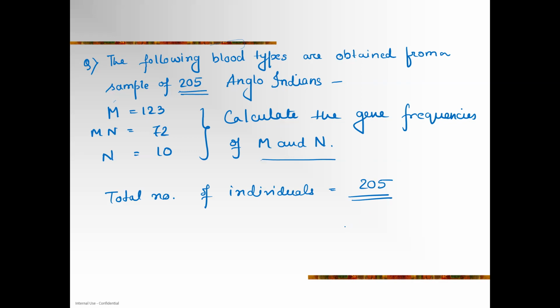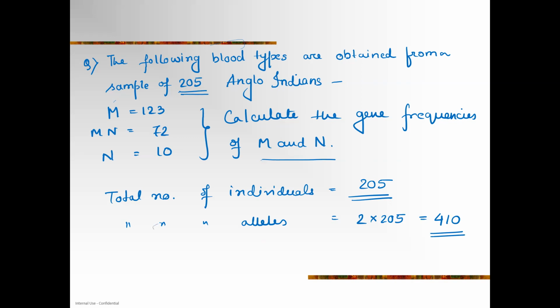Since it is a diploid population, we can easily say total number of alleles will be what? 2 into 205 since diploid. Had it been triploid, we would have multiplied it with 3. 410. Since each individual has 2 alleles, we are multiplying this with 2.